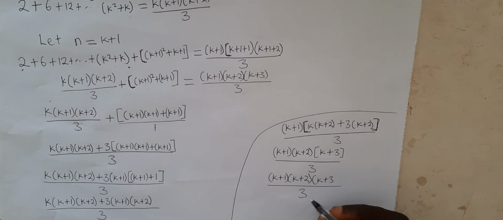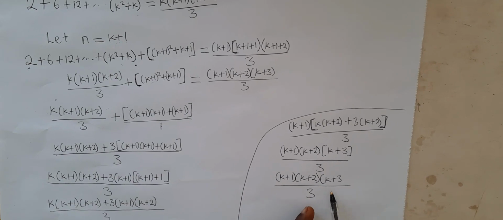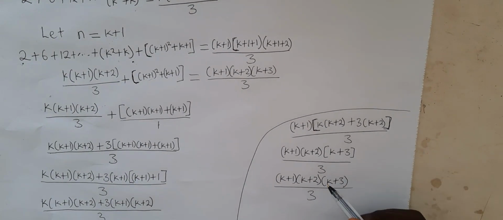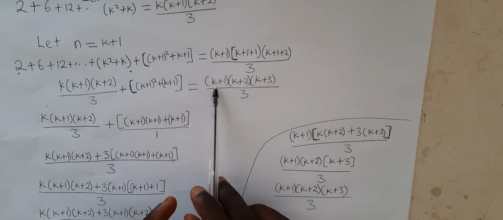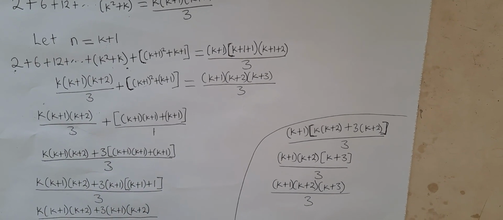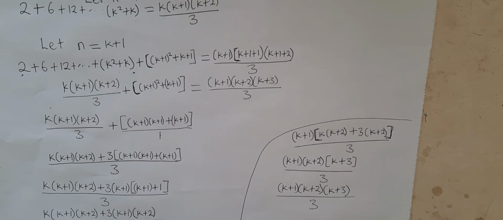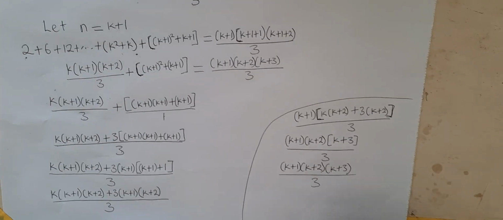All over 3. Now we can see that this is what we actually got from our left hand side, right? You can see that the value here for the left hand side is now equal to the right hand side here. So what does that mean? It simply means our mathematical induction is what? Is true.